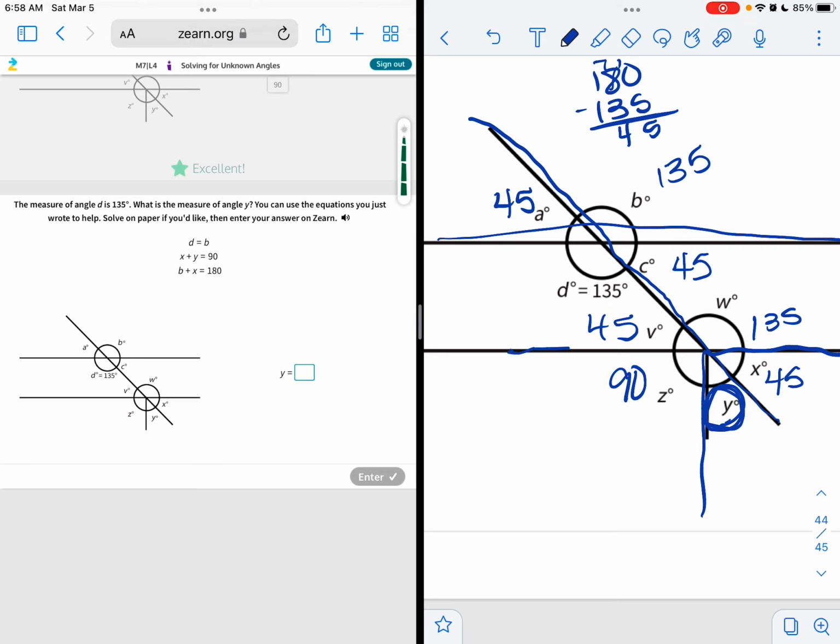Because I know I got that 90 because this line right here makes a straight line. We know this has to be 90, so this other half is 90. So now the only angle that we are missing is this one right here. So we could just do 90 minus 45, which would be 45. And then you are done.